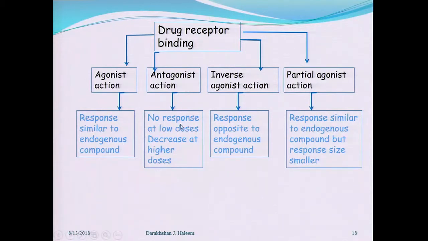Antagonist binding, no response at low doses. Inverse agonist, response opposite to the endogenous compound. And partial agonist means the response is the same as the endogenous compound but not maximum.